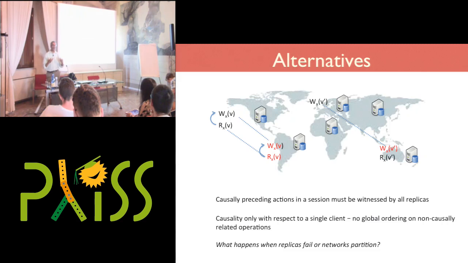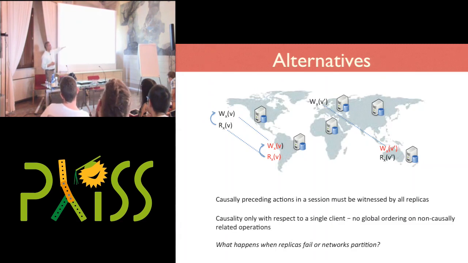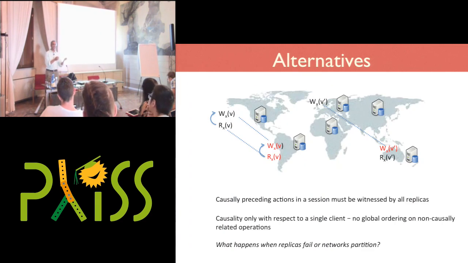So this notion of causal dependence obligates me to constrain when I'm allowed to see a read, say in South America, based on whether the previous write that read depended on was available, right?